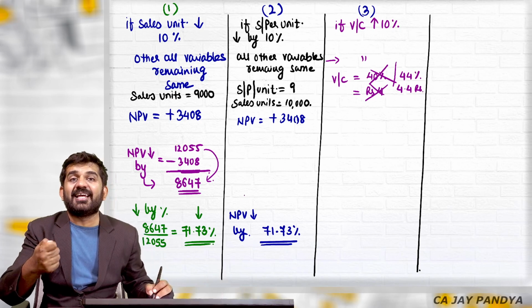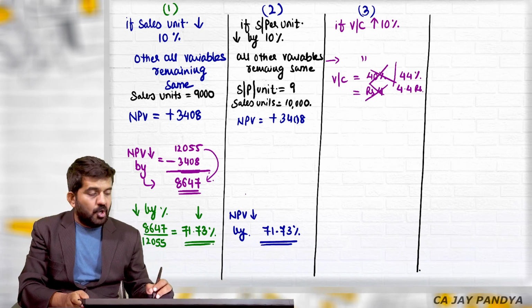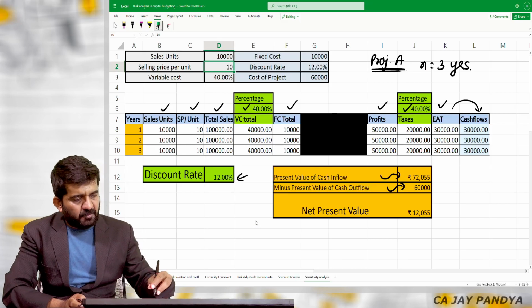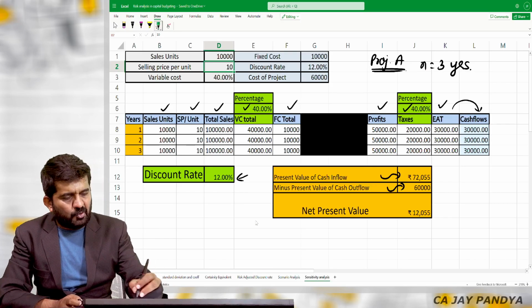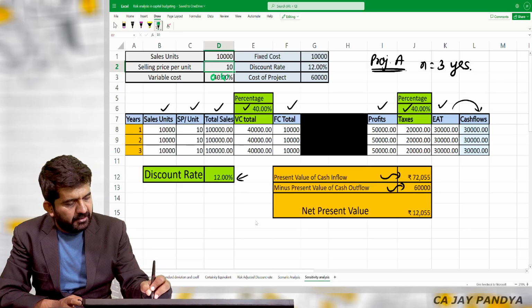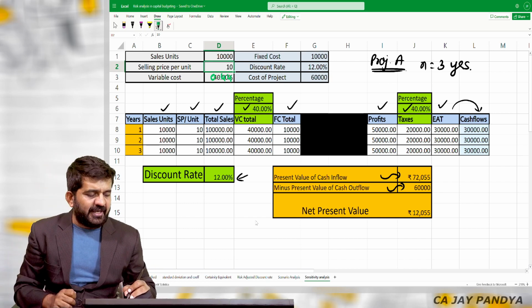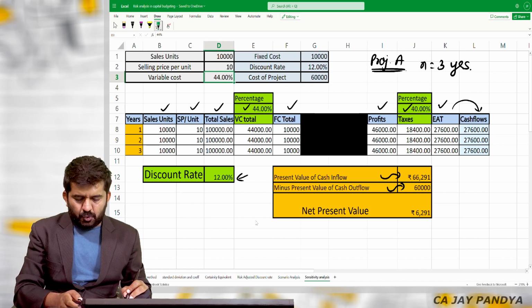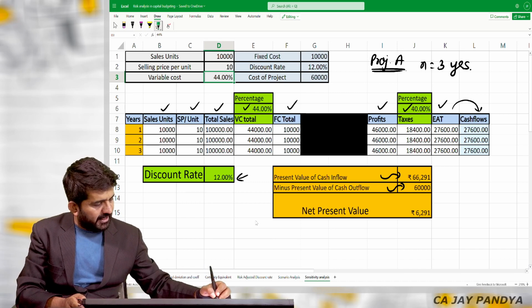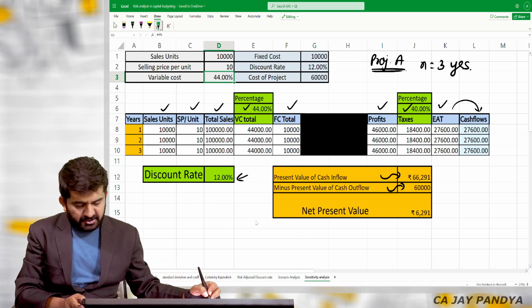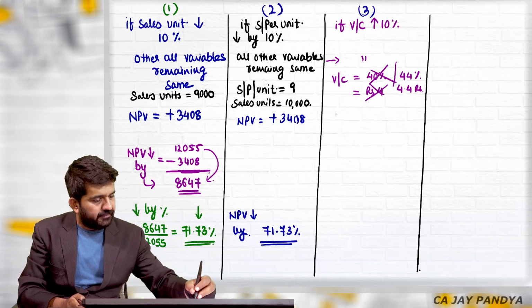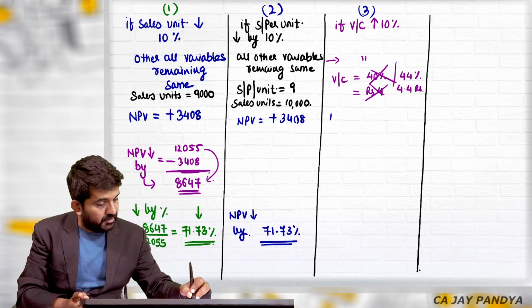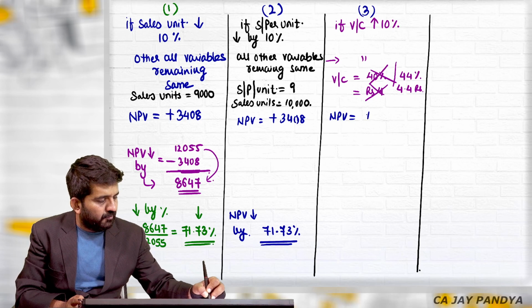Other all things remaining same, what will be my NPV? Now variable cost will become 44%. Other everything remaining same, my NPV is 6291. I have directly got the answer of NPV, which is 6291. NPV will be positive 6291.